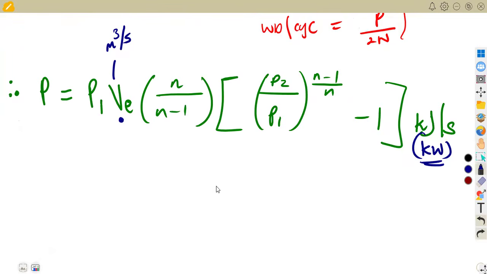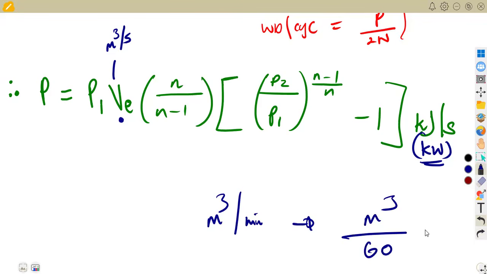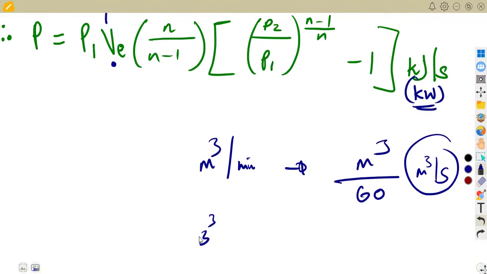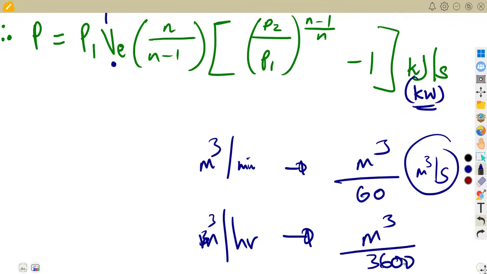Maybe you are given cubic meters per minute. You have to divide by 60, and that will be cubic meters per second. Maybe you are given cubic meters per hour. You have to divide by 3,600. Remember, 1 hour is 3,600 seconds.